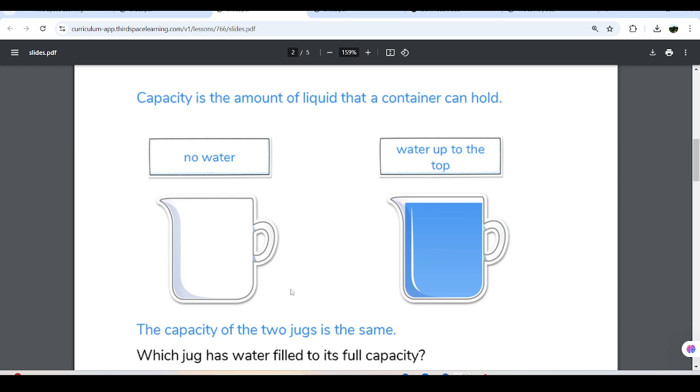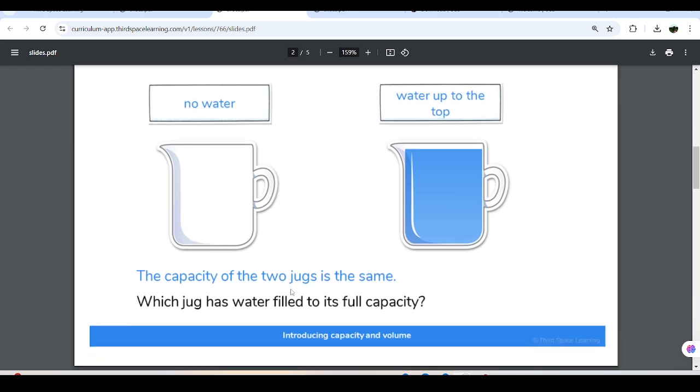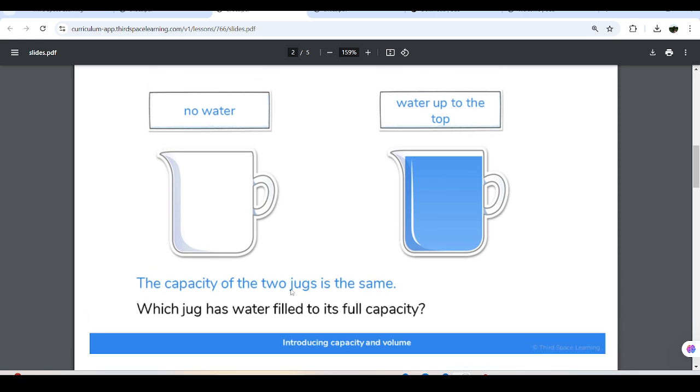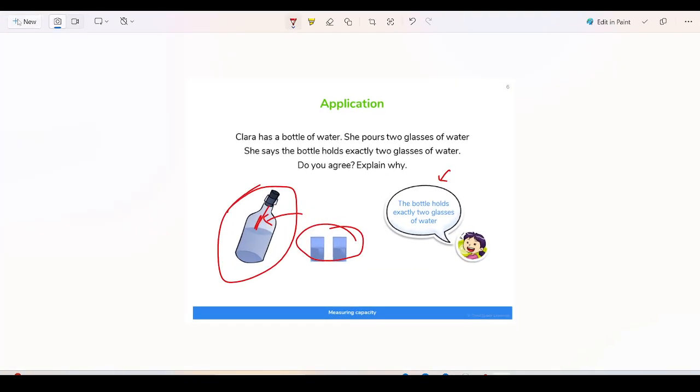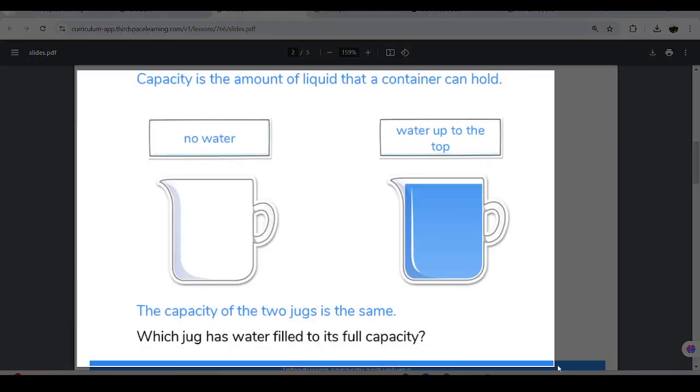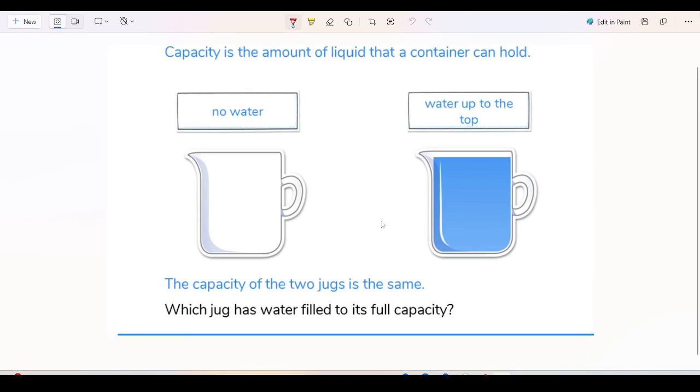So in the first case, we know capacity is same for both of them. But if I talk about volume, the volume for this is zero and there is some volume for the second one.